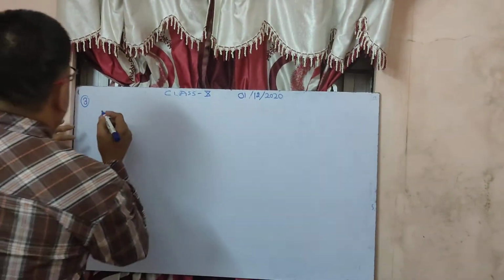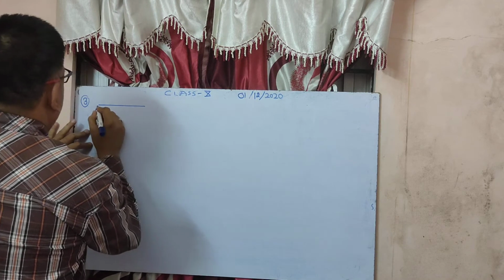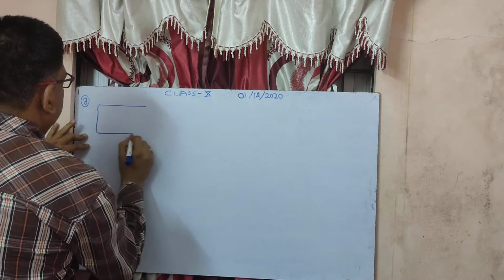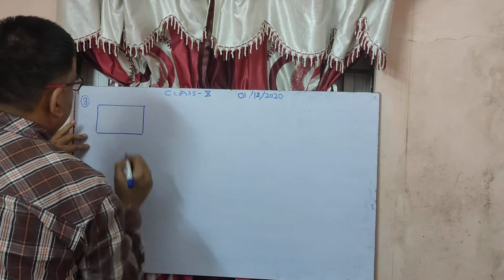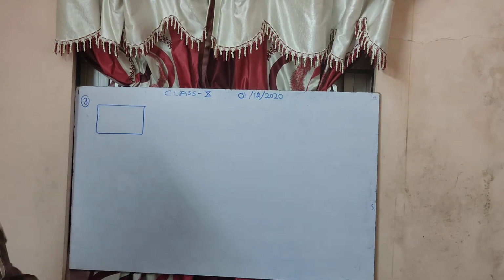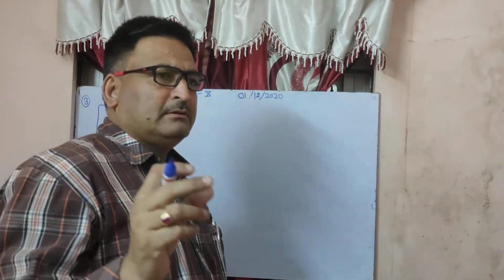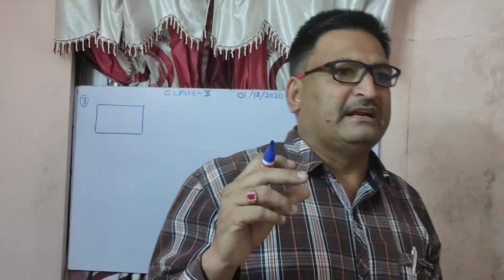Whenever you hear rectangular, you know the property of a rectangle. Grove means a bagicha, or you can say garden. It is a garden.